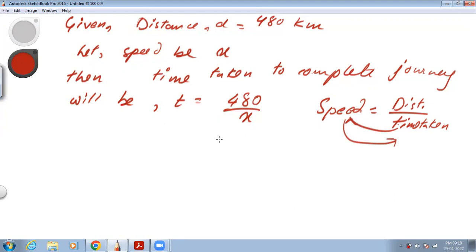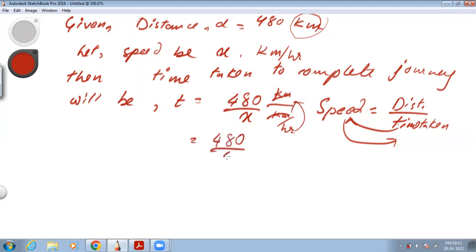The easy way to check is by the units. Distance is in kilometers and speed is x km per hour, so kilometer by hour. Kilometer gets cancelled, the hour goes up, so it becomes hours. So 480 by x is the actual total time that it must take.